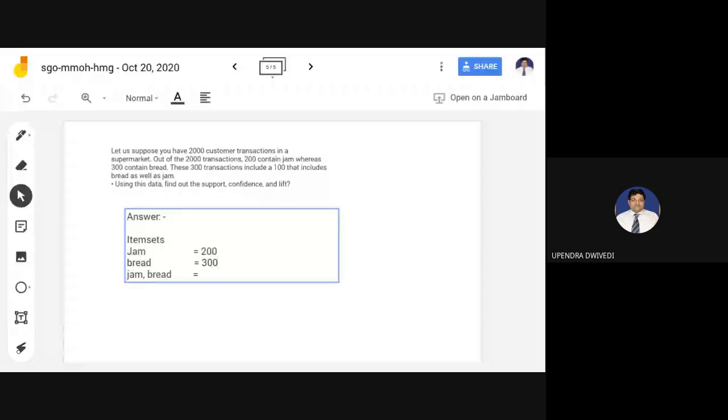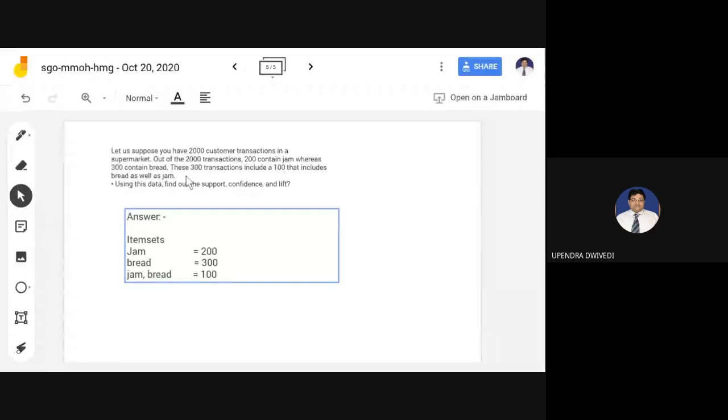So 100 transactions are including bread and jam. But it is saying that these 300 transactions include 100 that include bread.